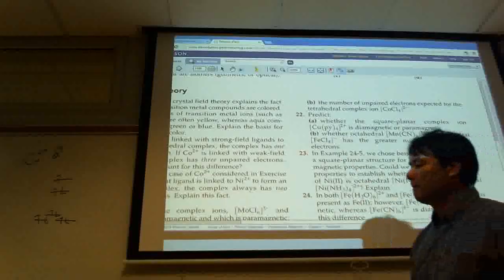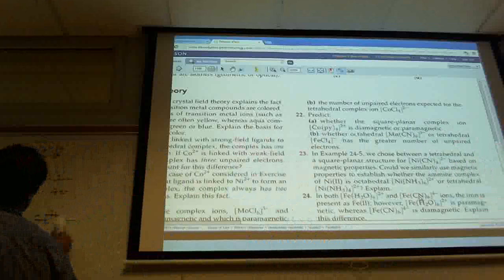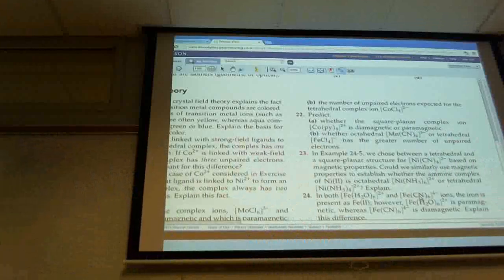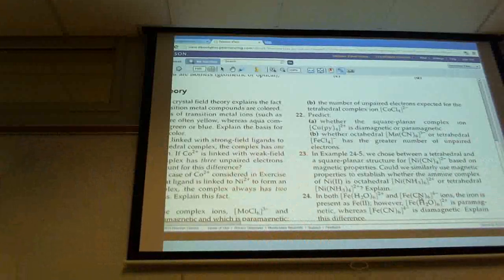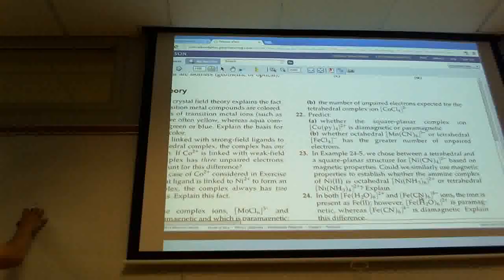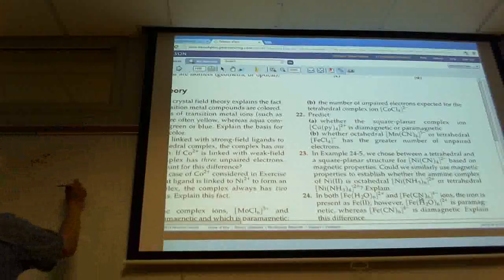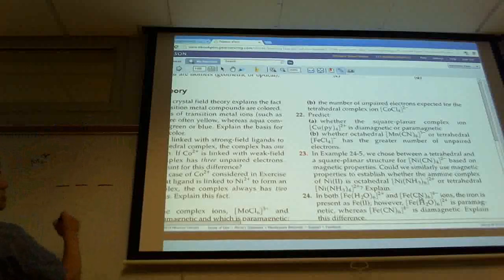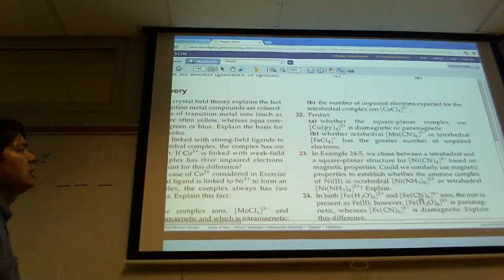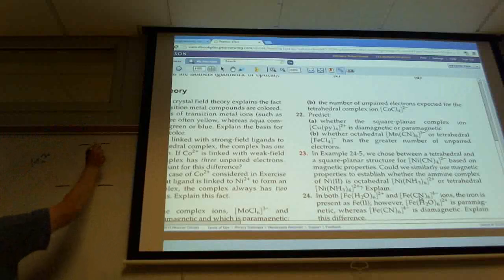So let's first one is manganese. What was the charge on the manganese? Manganese 3 plus, and this is an octahedral complex. 1, 2, 3. And is it strong or weak? Strong. Cyanide is very strong.